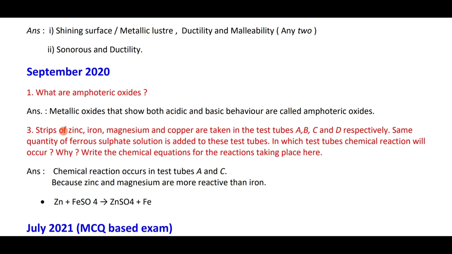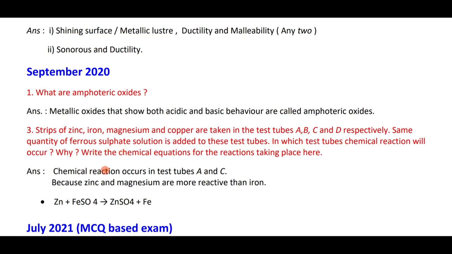Next question. Strips of zinc, iron, magnesium and copper are taken in test tubes A, B, C, D. The same quantity of ferrous sulfate solution is added to these test tubes. In which test tubes will a chemical reaction take place? Why? Write the chemical equations for the reaction that takes place.